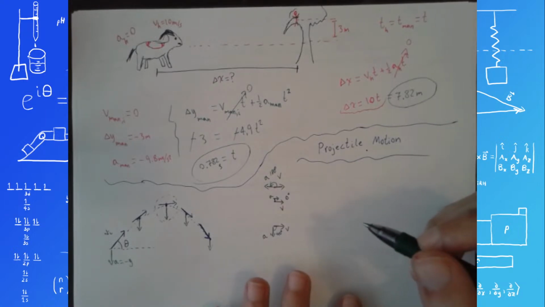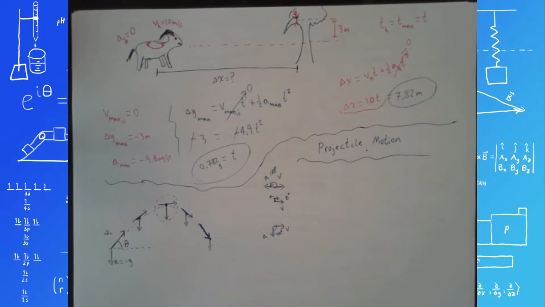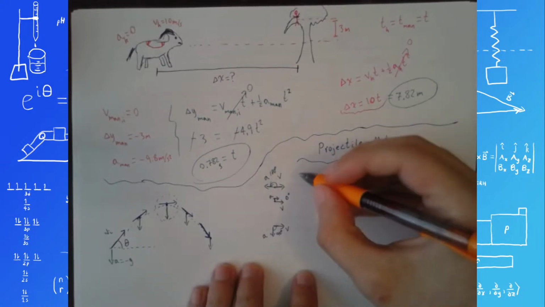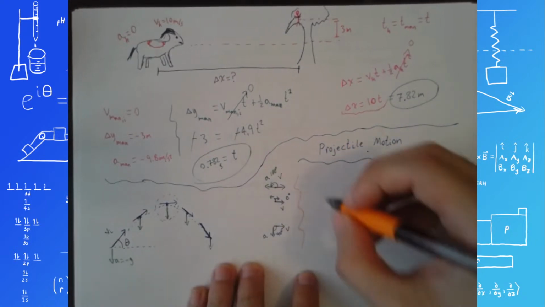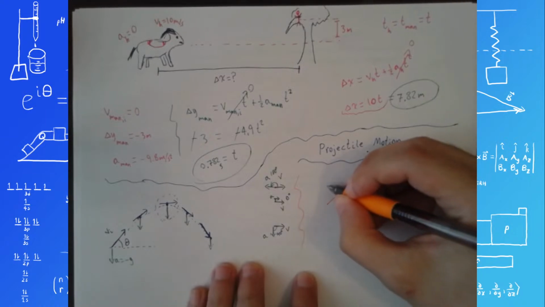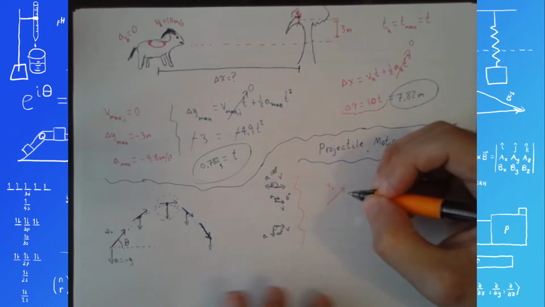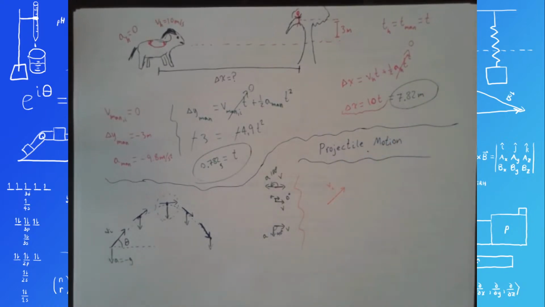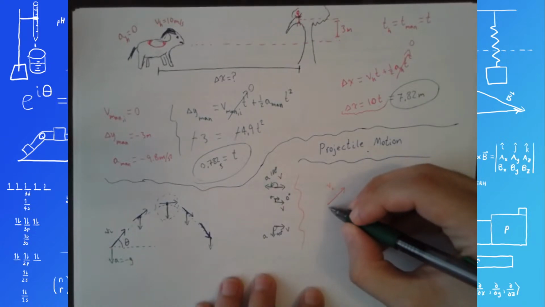I guess I want to change colors first of all. Let's say I have an initial velocity that looks like this. And I've got my acceleration, which is straight down. I guess I'll keep green for this.